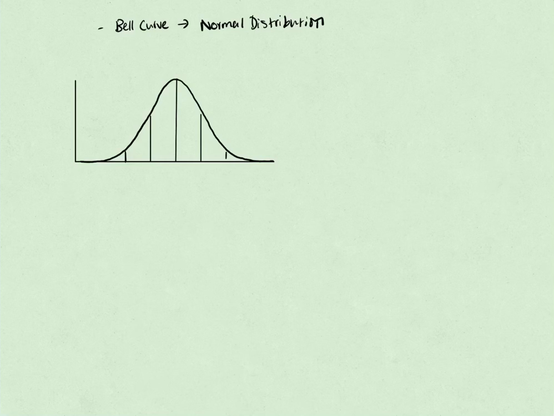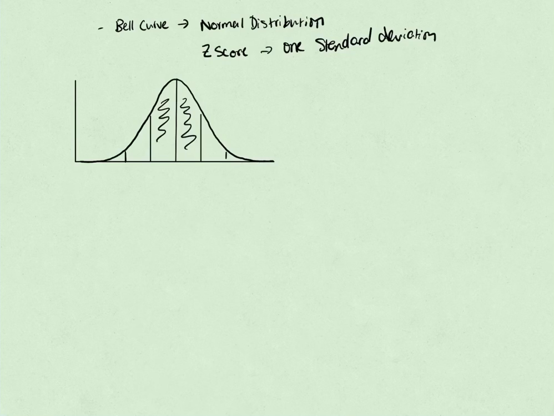One standard deviation, also known as a z-score. So z-score is one standard deviation is what sets apart these values. This would be considered one z-score, and this is also one z-score.